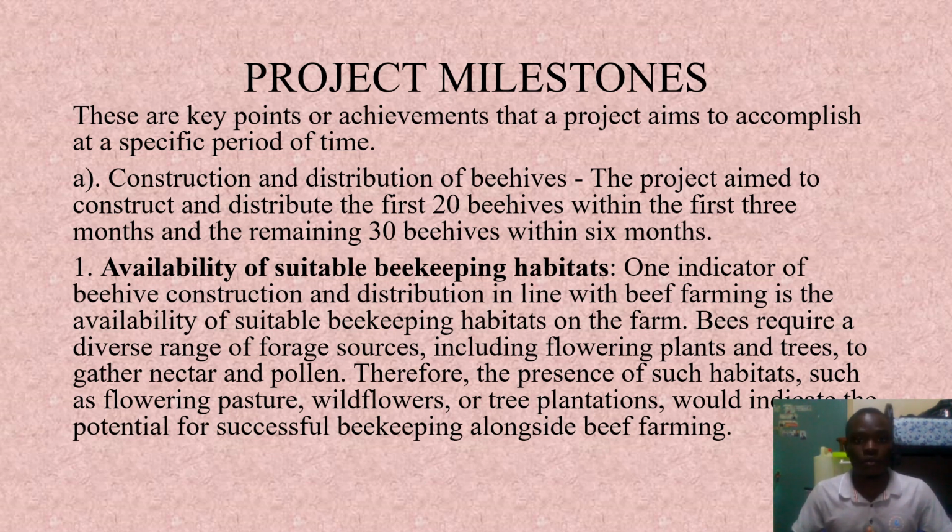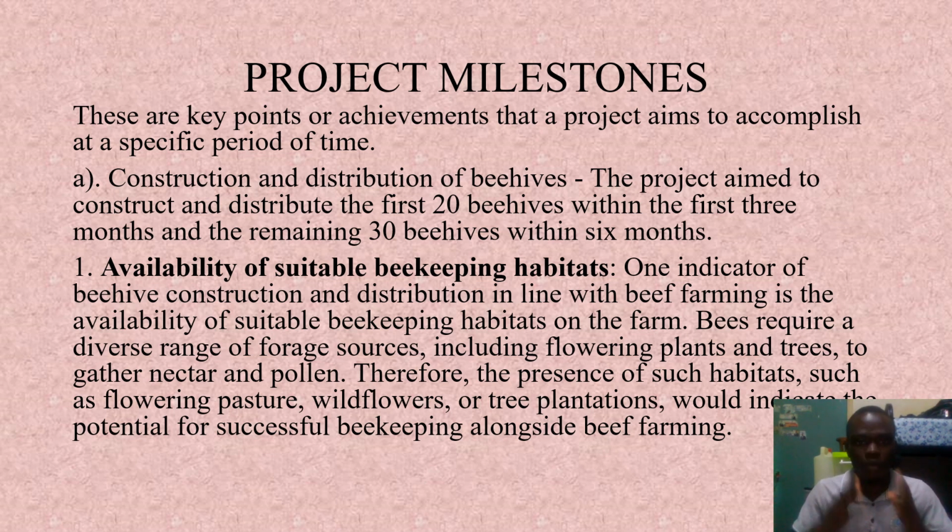In the first 3 months around 20 beehives were constructed, and in the 6th month they constructed around 30 beehives. Let's also look at the indicators under this milestone. We have availability of suitable beekeeping habitats.